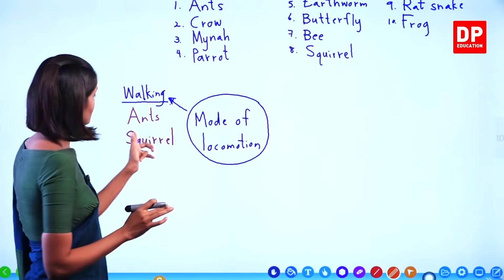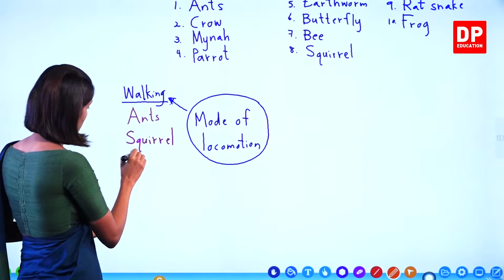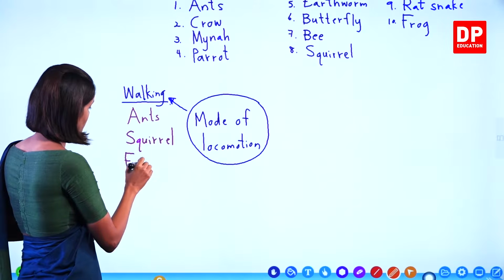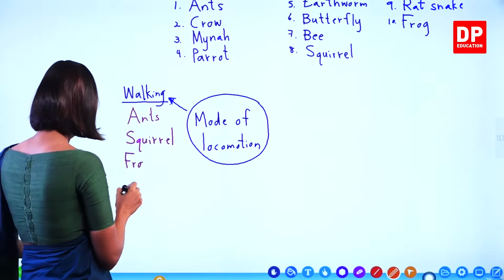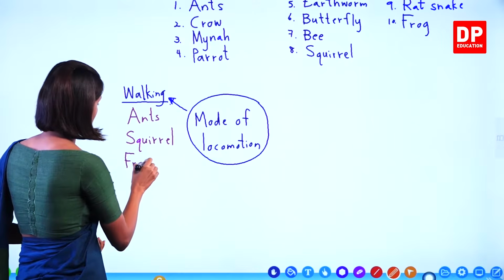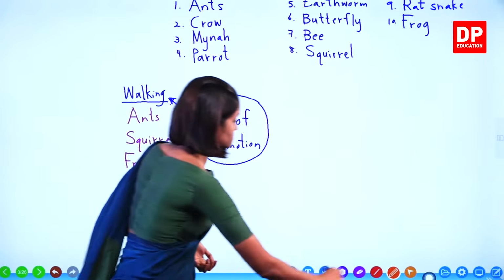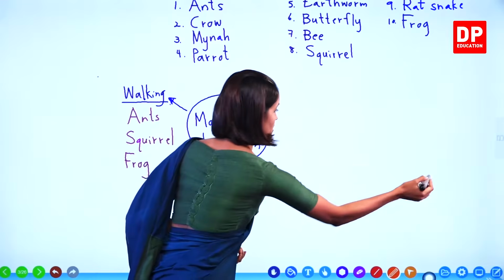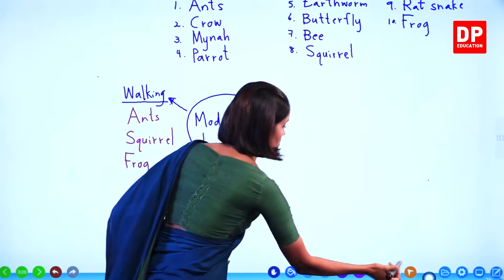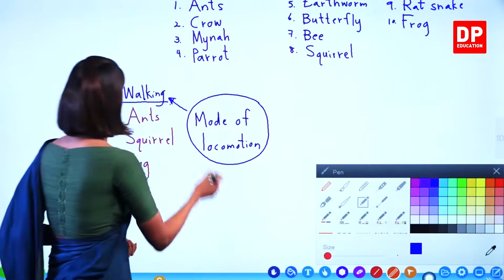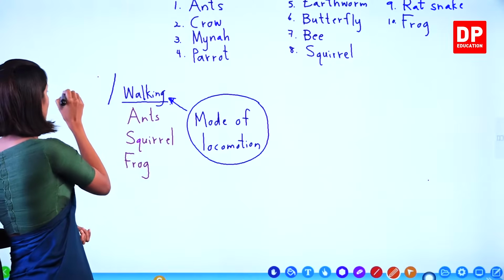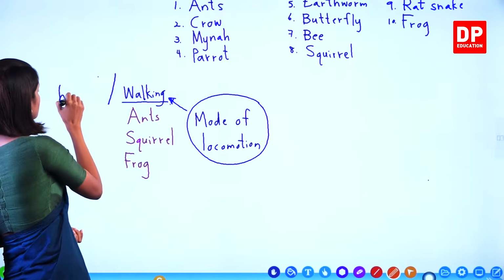Okay, so we can include frog as well. Right, so we will include walking. Or here we can simply write hopping.